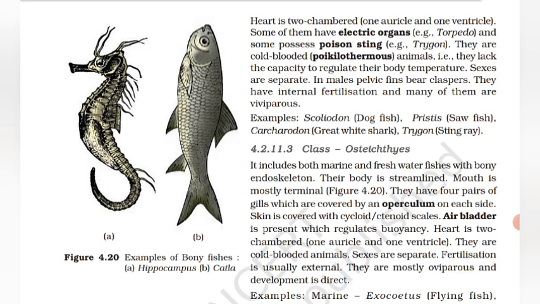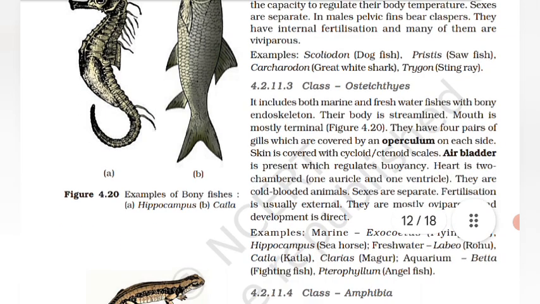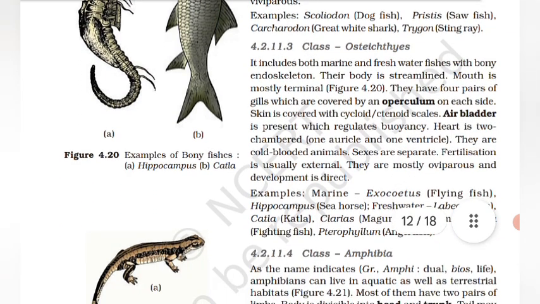Next class is Aves. The characteristic feature of Aves, birds, is the presence of feathers, and most of them can fly except flightless birds, for example ostrich. They possess a beak. The forelimbs are modified into wings. The hind limbs generally have scales and are modified for walking, swimming or clasping the tree branches.